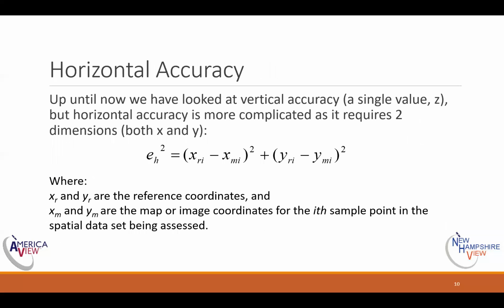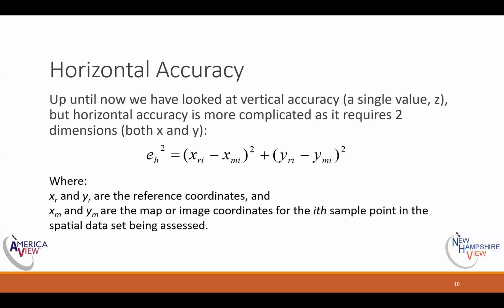So that was vertical accuracy. Horizontal accuracy is basically the same kind of thing, except now instead of looking at one value, Z, you're looking at two values, X and Y. So X and Y reference are the reference coordinates, X and Y map are the map coordinates or the image coordinates, and it's basically the exact same process as you can see there.